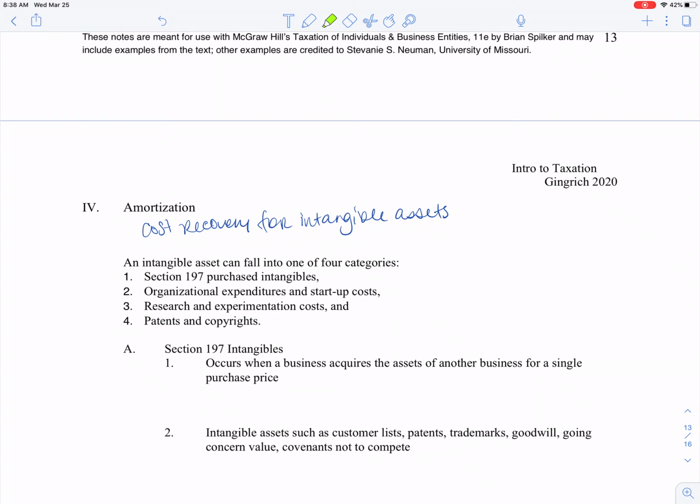It can be a Section 197 purchased intangible, an organizational expenditure or startup cost, and then 3 and 4 are research and experimentation costs and patents and copyrights. We are not going to cover 3 and 4, so we're focusing our attention on Section 197 purchased intangibles and organizational expenditures and startup costs.